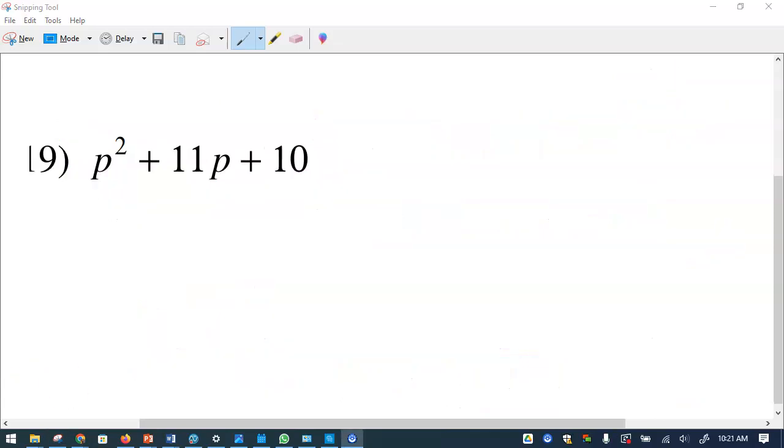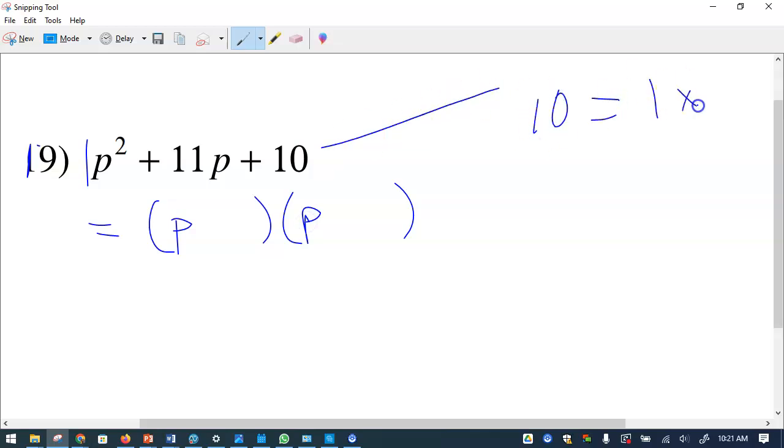Let's do another one. Now this is problem number 19, and you can clearly see there's already one here, so you just have to put two factors, and the variable is p. How do you split 10? 1 times 10 is 10, and the other option is 2 times 5 is 10. But then we need to know there is a plus sign.